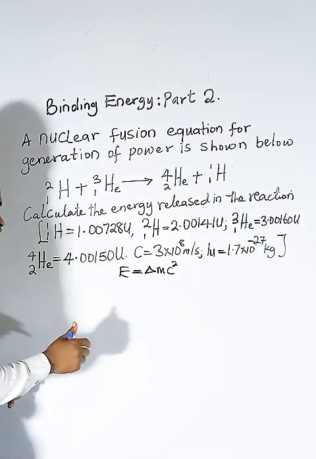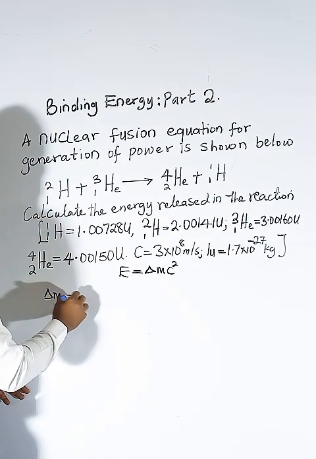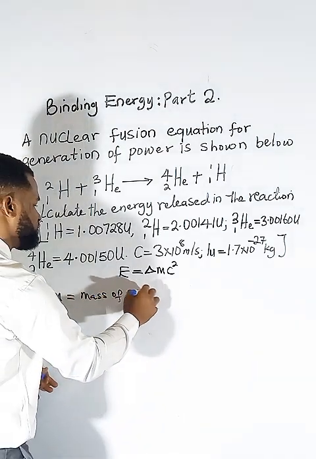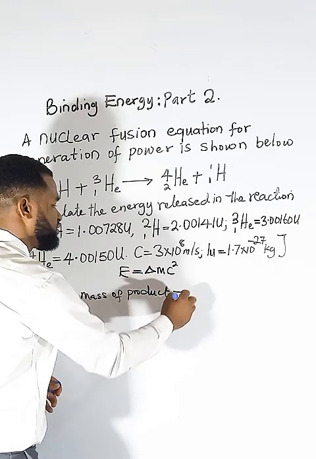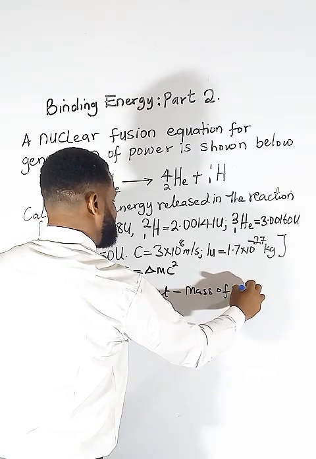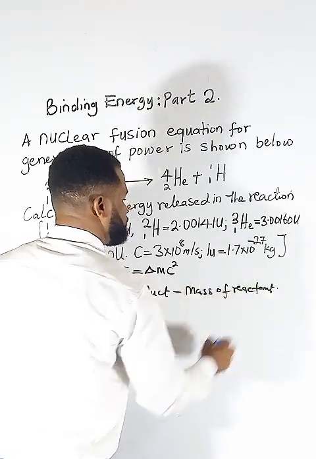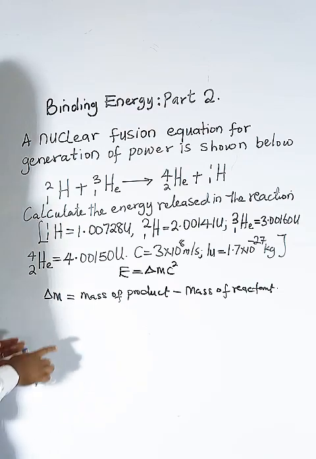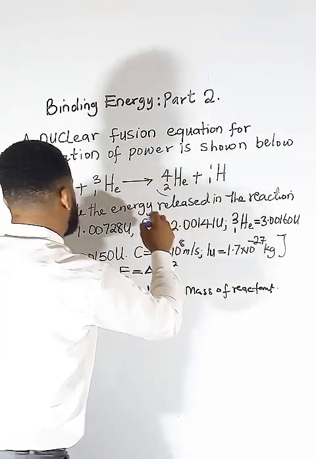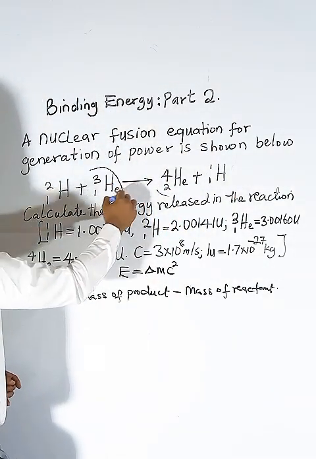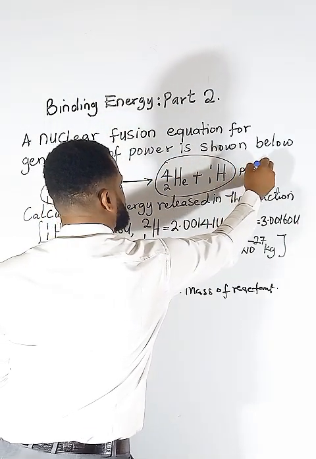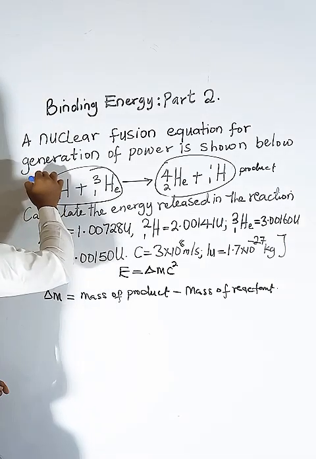The mass defect is given as the mass of products minus mass of reactants. So we are going to subtract these masses. Now, first of all, what is the product? The product is everything in this aspect, and everything here is the reactant.